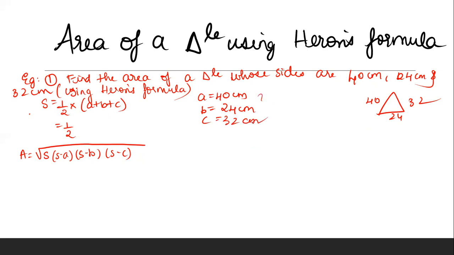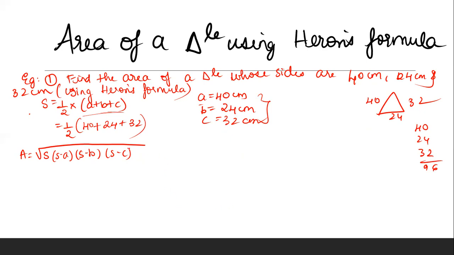Now, we will put these values of A, B, and C here instead of A plus B plus C in the formula. So this will be 40 plus 24 plus 32. Now add this up. What will you get? 96. So you will get 96 here.